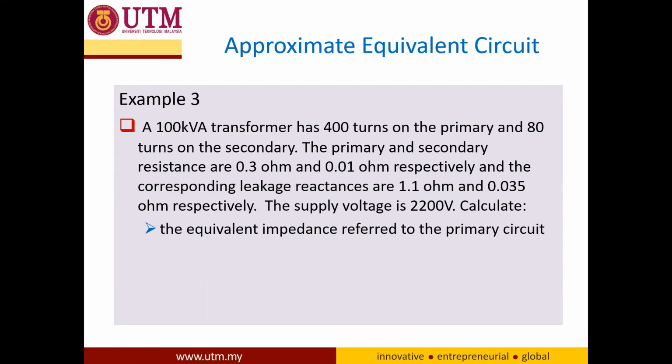A 100 kVA transformer has 400 turns on the primary and 80 on the secondary, so a is equal to 400 over 80, so a is 5. The primary and secondary resistances are 0.3 and 0.01.